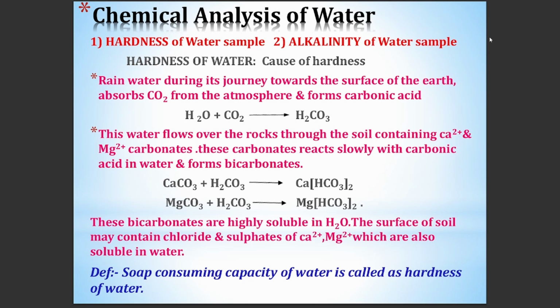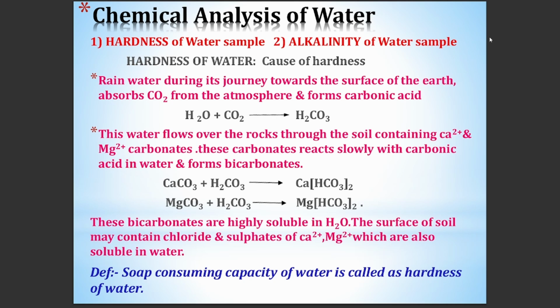This acidic water flows over the rocks through the soil containing Ca2+ and Mg2+ carbonates. These carbonates react slowly with the carbonic acid in water and form bicarbonates. The reaction better explains the above sentence: CaCO3 + H2CO3 forms calcium bicarbonate, similarly magnesium bicarbonate, and they are highly soluble in water.